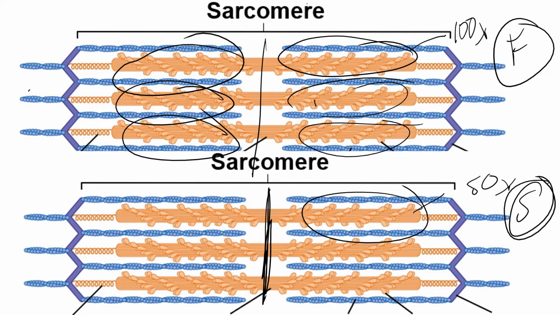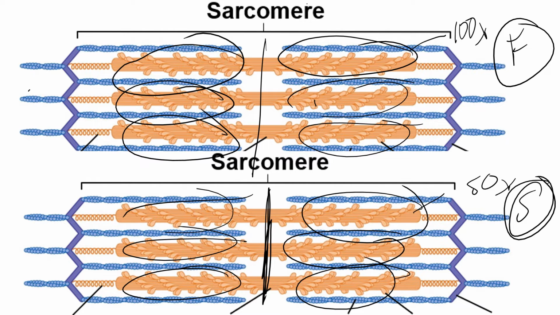And you compare that to the slow twitch fiber. The slow twitch fiber has these myosin heads that can only cycle at half the rate, right? Every myosin head within this slow twitch muscle fiber can only cycle at half the frequency compared to the fast twitch muscle fiber. All the myosin heads can only cycle 50 times over the course of a second.